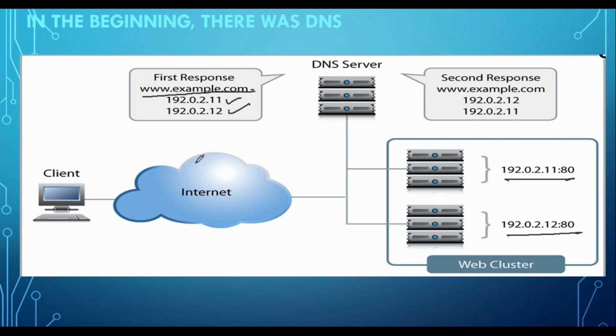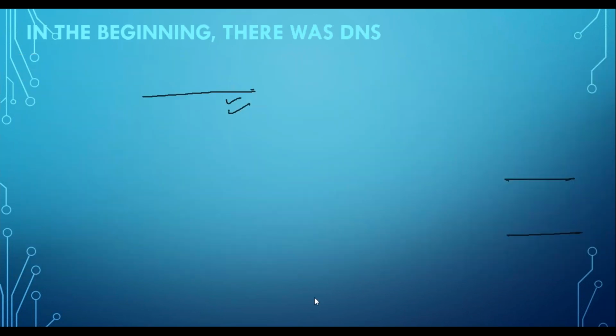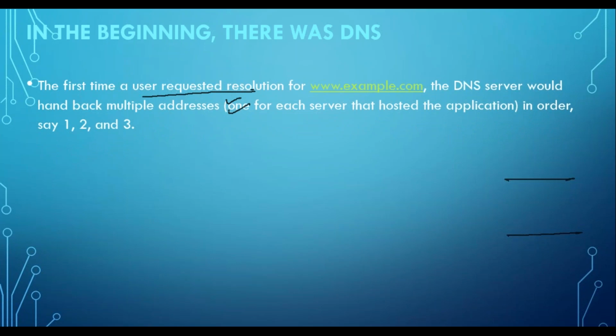So when a first query is initiated from the client machine towards the DNS server, the DNS server in response gave back the response as .11 and .12, and when the next request was initiated for the DNS query, it gave the response as .12 and .11. So basically the user tried to access example.com.